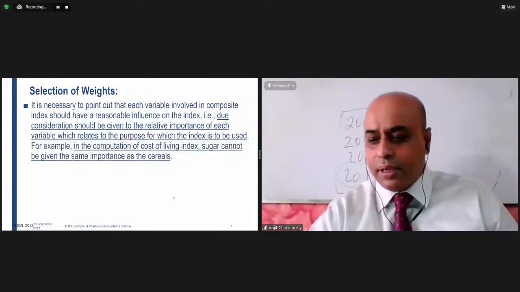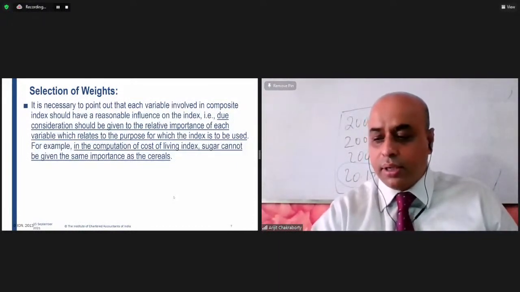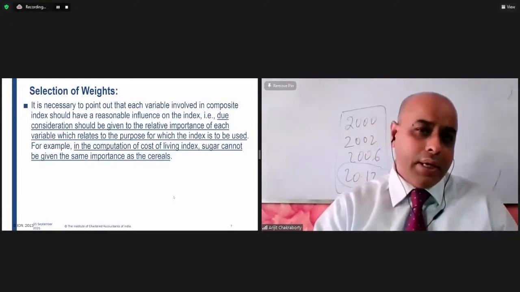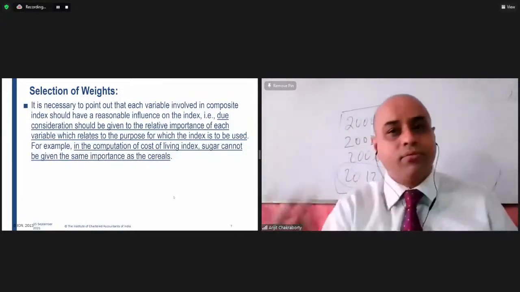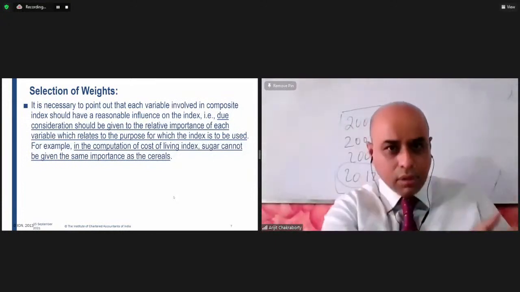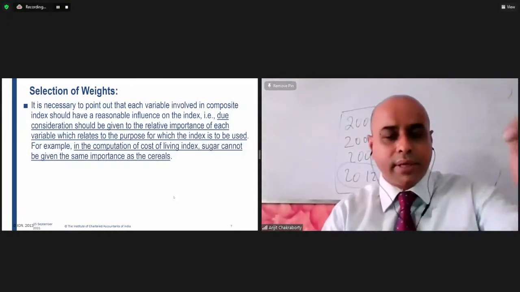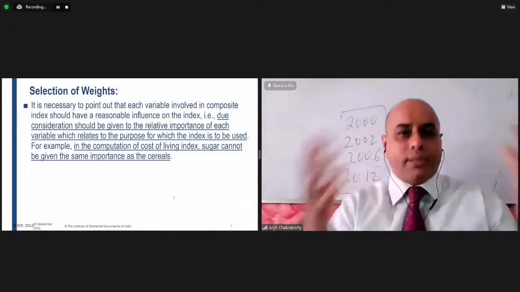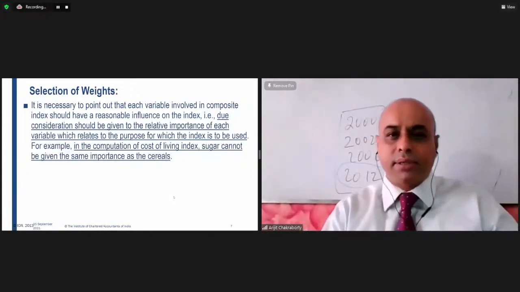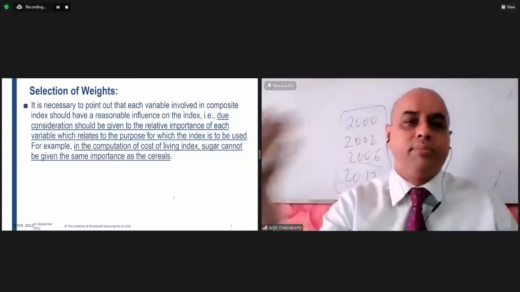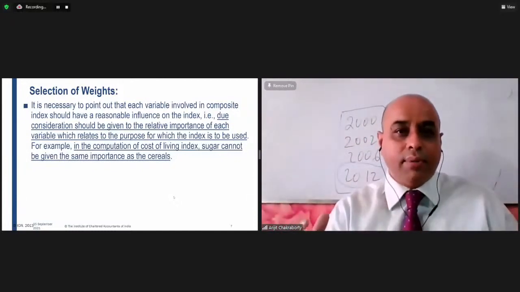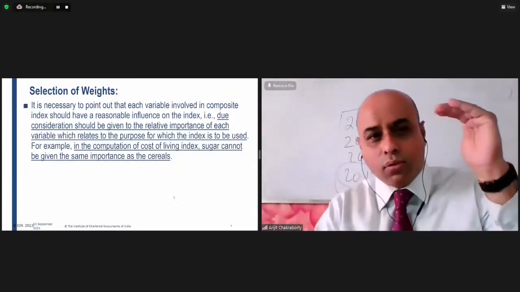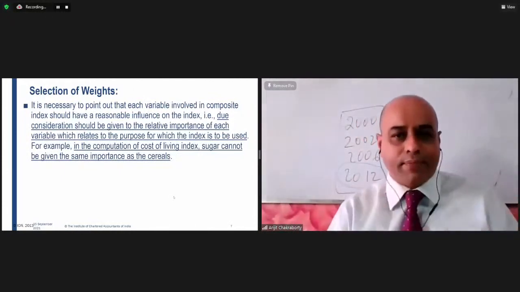At the same time, we have to make sure that the index number is not just based on price, but it can have weights. It will also carry weight. Like we took the example earlier that wheat is increasing by 10%, and say another commodity, rice, is increasing by say 5%. So we can create an average. But then we assume that the weight, that is the relative weightage, is same.